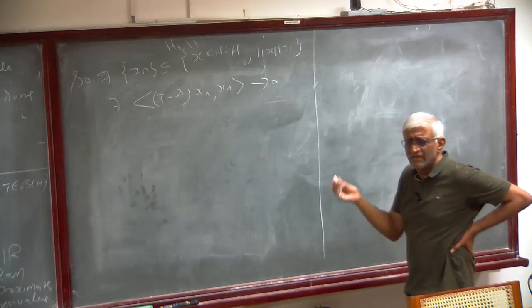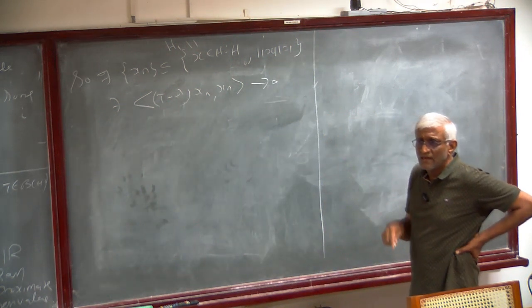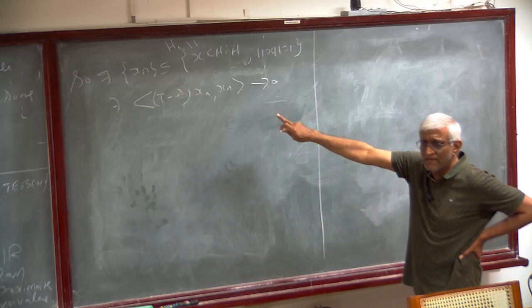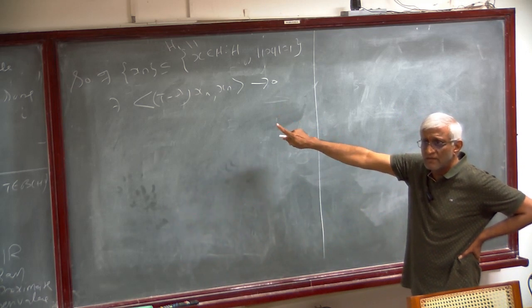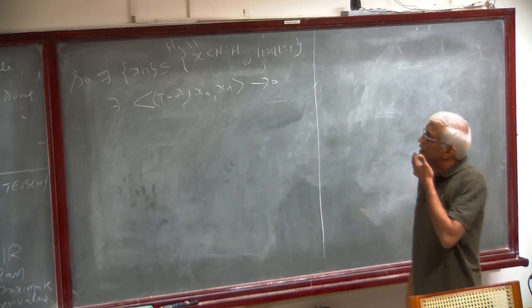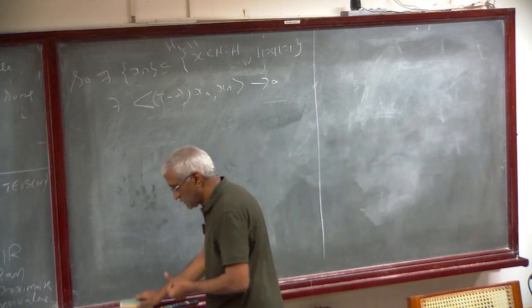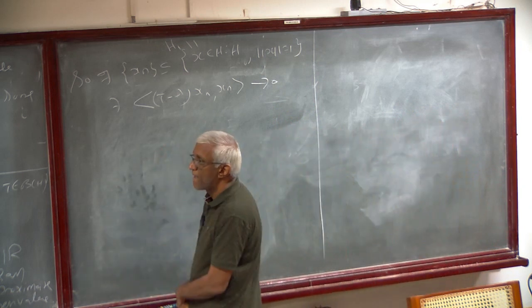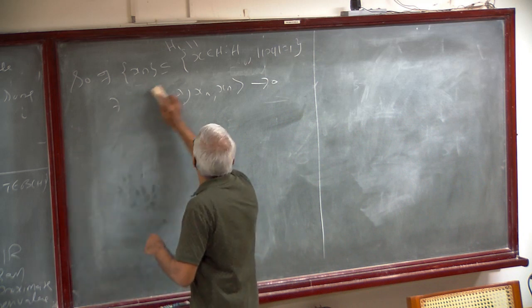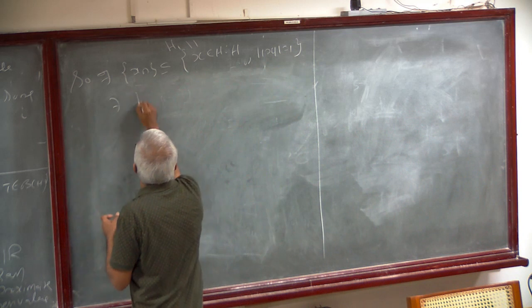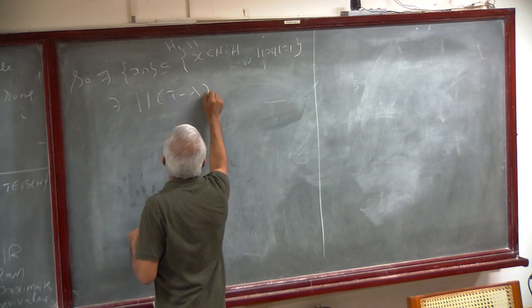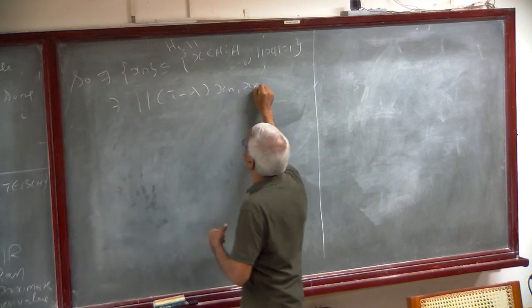Right? Is this the definition used? This is the definition of approximate eigenvalue. Or did we use the norm? I think we use the norm, right? This is what we use, sorry. The norm of (T minus lambda) x_n goes to 0.